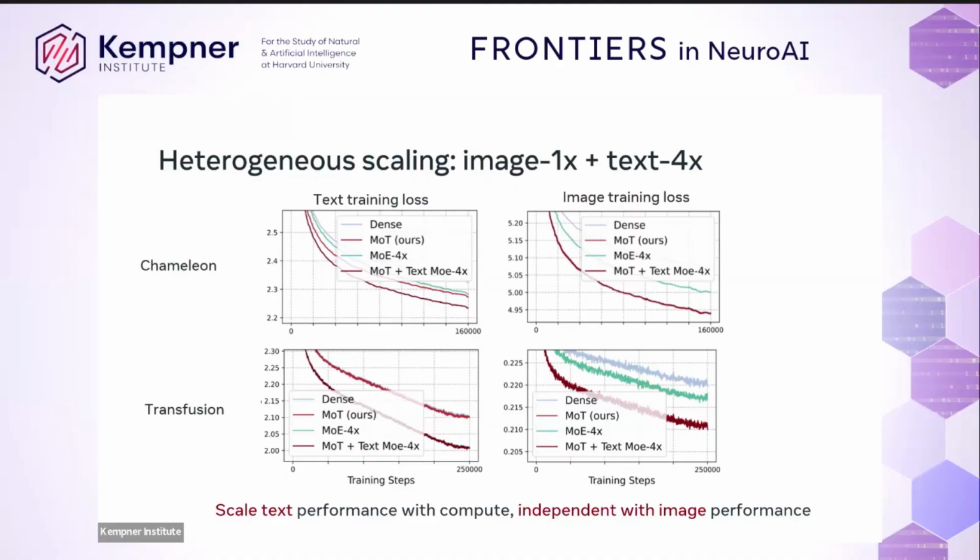So maybe for the text tower, the text transformer, we can add an extra MOE, give it some more capacity, but for the image tower, we keep it the same size. So we can do heterogeneous scaling and capacity. There's much more work to do here, but we did some initial experiments, and that does seem to be a good idea. You should scale differently as appropriate for the modality.